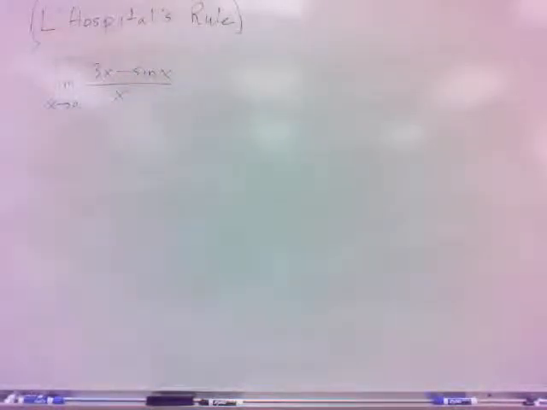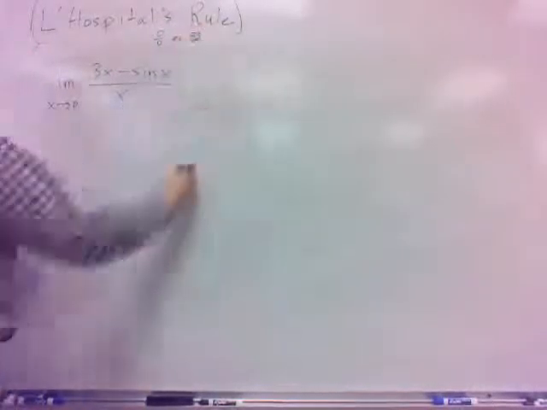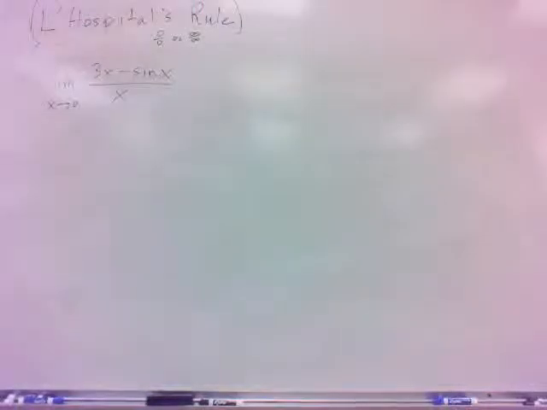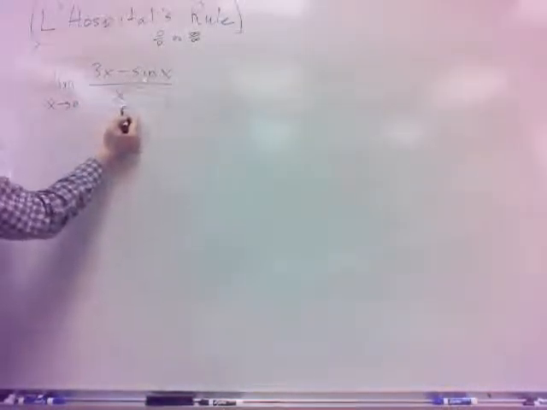Well, again, something we couldn't have tackled previously, but now with L'Hopital we can, because remember, for L'Hopital you've got to have 0 over 0 or infinity over infinity. What do I have here? Well, if x goes to 0, that's 0, 0, 0. So it's 0 over 0, isn't it?